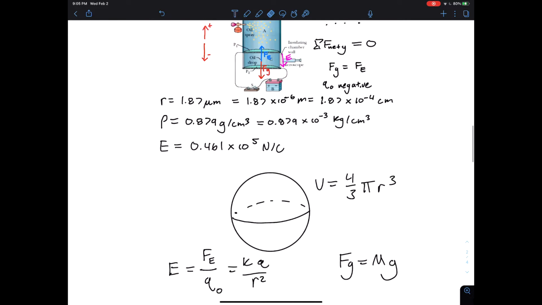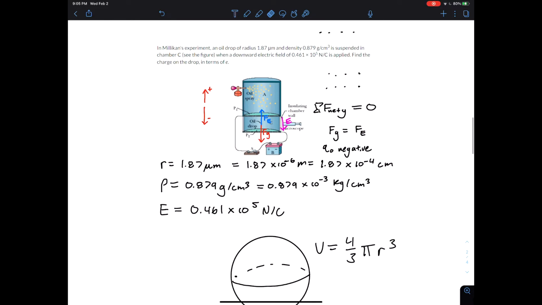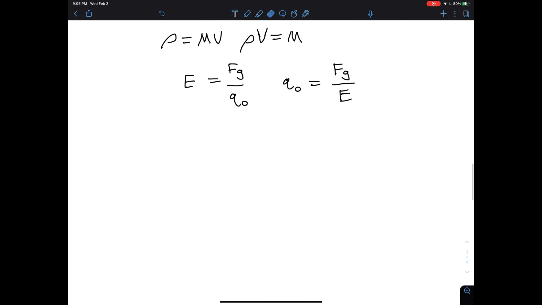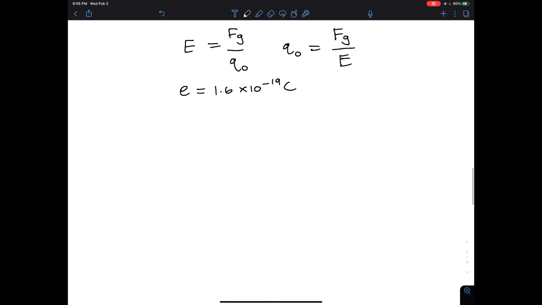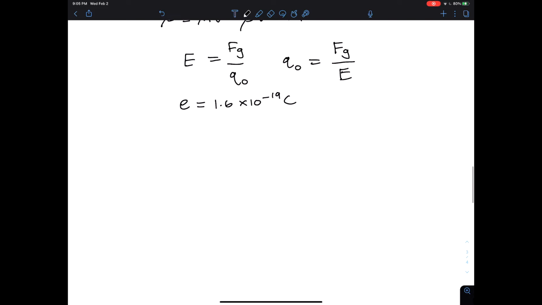Now, the question said find the charge on the drop in terms of e. So, recall e is the elementary charge, 1.6 times 10 to the negative 19th coulombs. And we need to find our charge divided by e. So that's going to equal the force of gravity over the electric field times e.